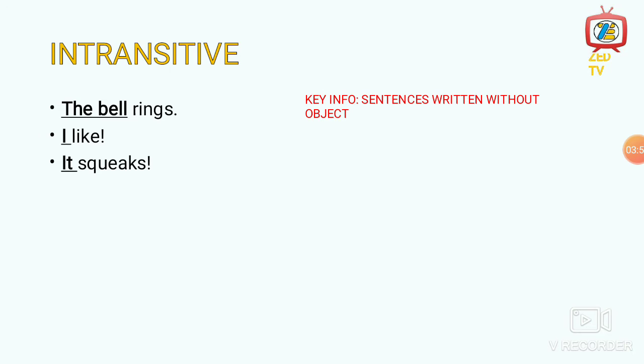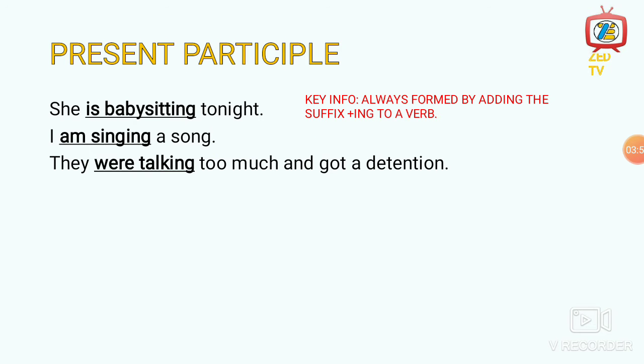Okay? Alright, next. Let's look at the participle. What is participle? A participle is word forms from verbs. Usually, this occurs by adding a suffix to the verb, but sometimes there are irregular formations. The present participle is always formed by adding the suffix ing to a verb.